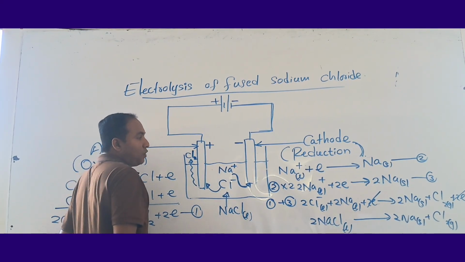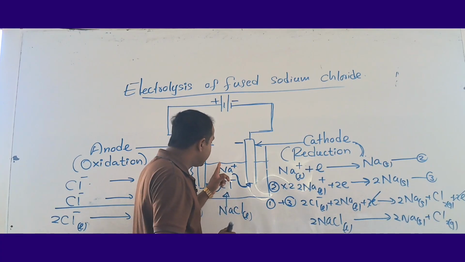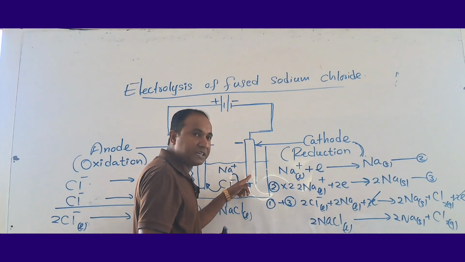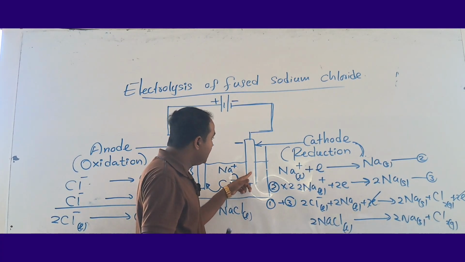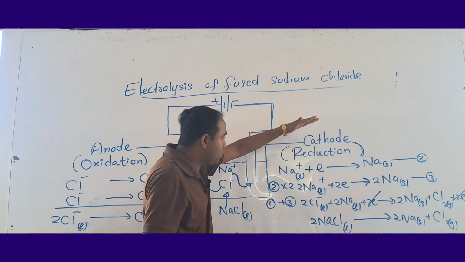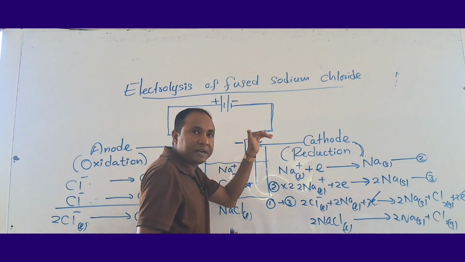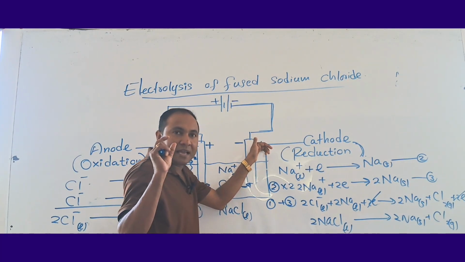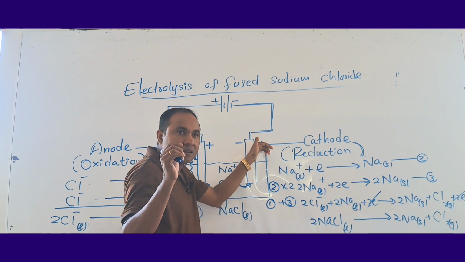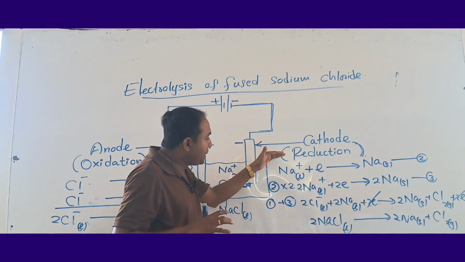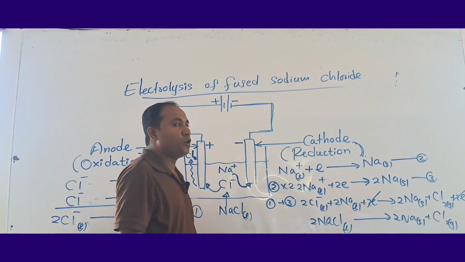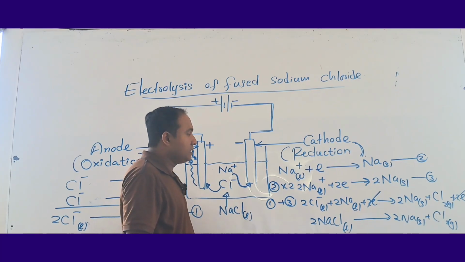And also the sodium ions contained in the solution move towards the negative terminal. It is the cathode. The cathode has reduction. Reduction means the chemical reactions that occur by receiving electrons. Sodium ions receive electrons and form sodium atoms.